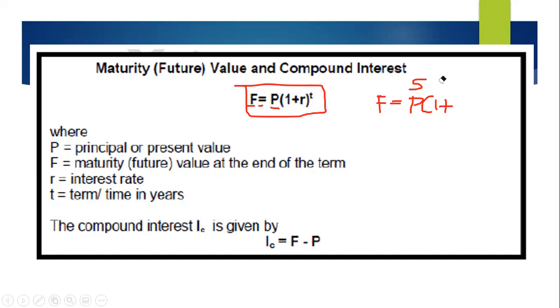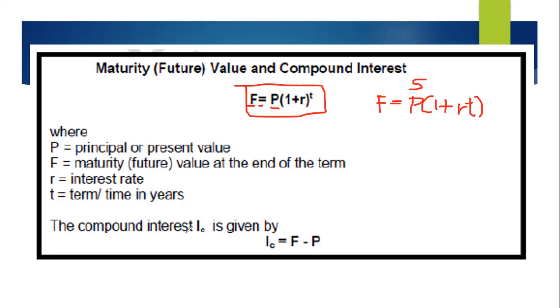Okay, so F, for simple interest, again, F is equal to P times 1 plus RT. Okay. Pero sa ating compound interest, itong T natin is nasa labas na and naka-exponent.